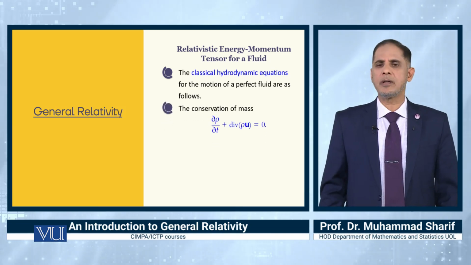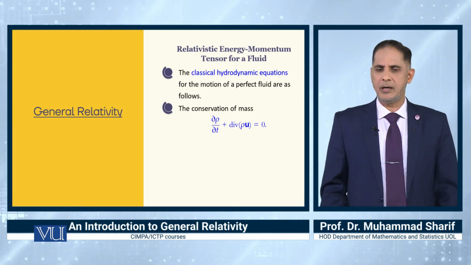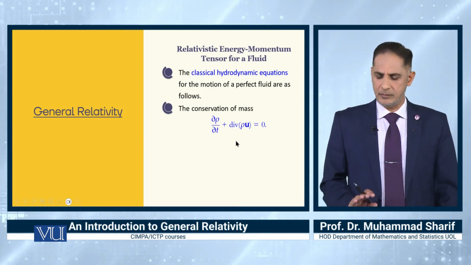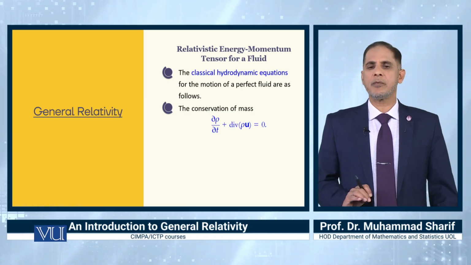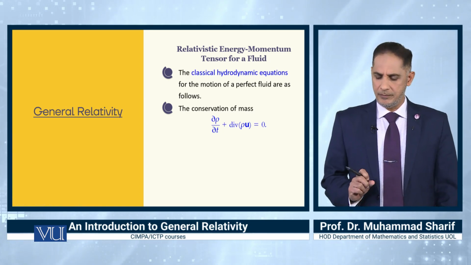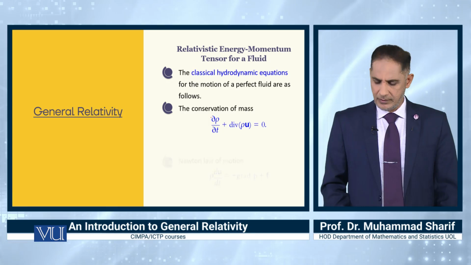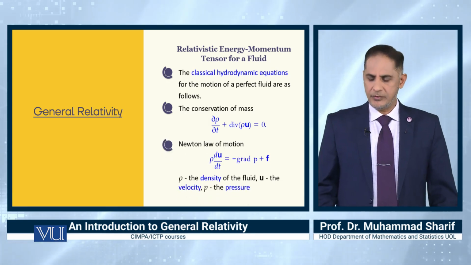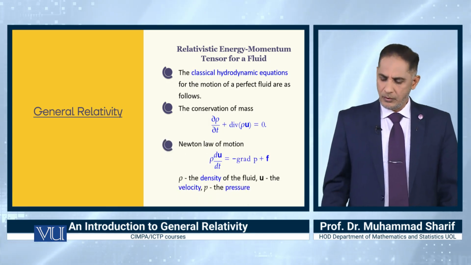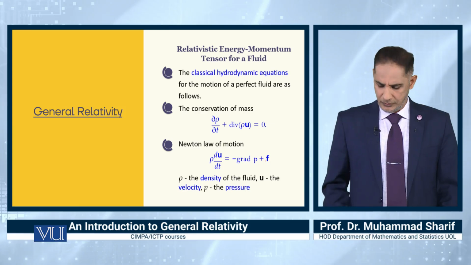This is the well known conservation of mass. Here, because we are talking about a perfect fluid, I mean fluid mechanics, rho is not the charge density; instead, this is the density of the fluid. u is the velocity of the fluid, and here f is the external force.